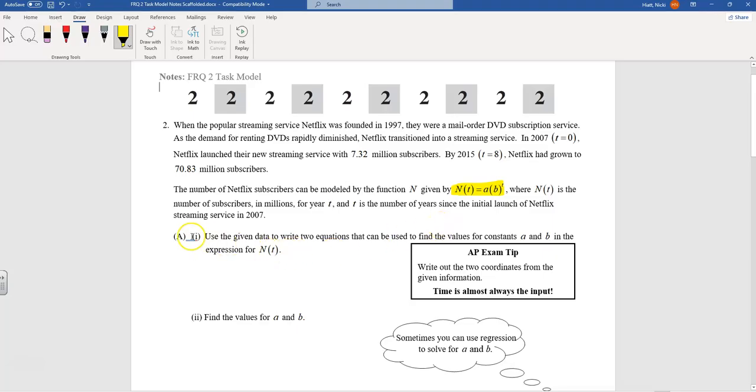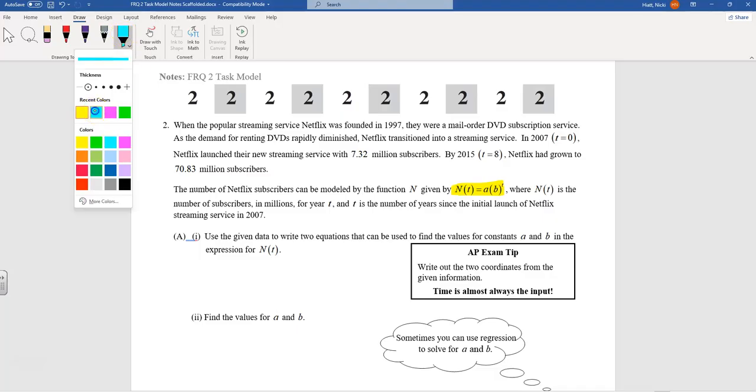So, part A, number 1, we've done several of these questions. Use the given data to write 2 equations that can be used to find the values for constants A and B in the expression n of t. Okay, so no matter what, this right here is what you need, and you need to know your points. So my points here are going to come from up here.